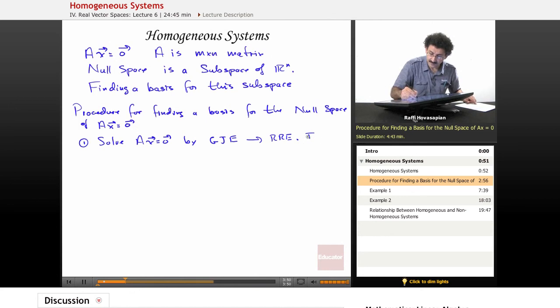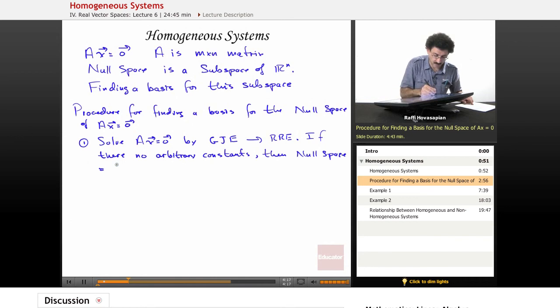Now, if there are no arbitrary constants, in other words, if there are no columns that have no leading entries, then the null space equals the set containing the 0 vector. What that means is that there is no basis for the null space.